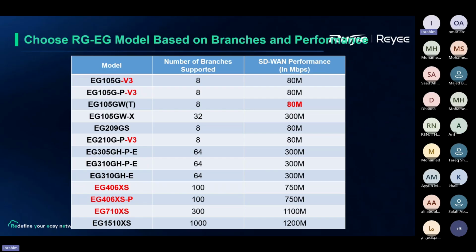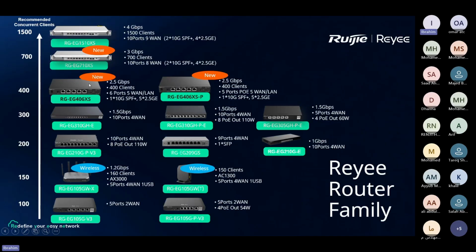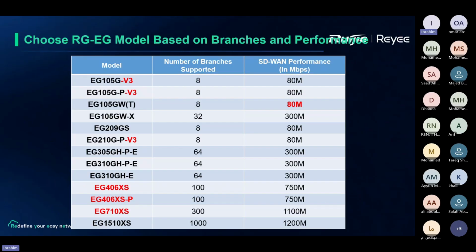Okay, let's see the performance for each model that we offer in the SD-WAN performance. As you can see, we have the EG starting from the EG105G up to the 1510XS.